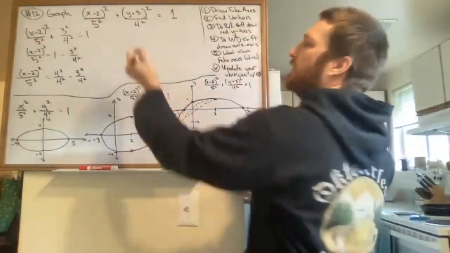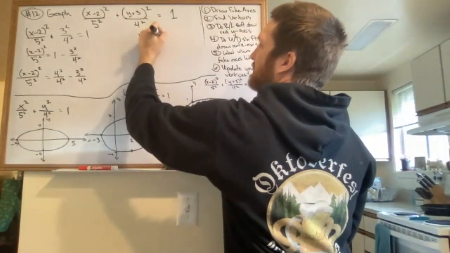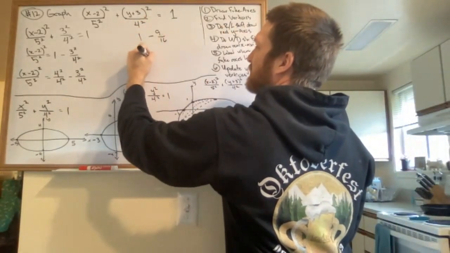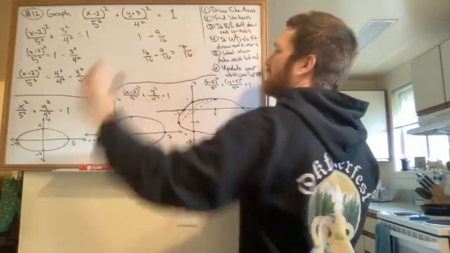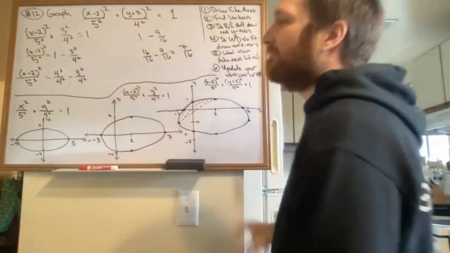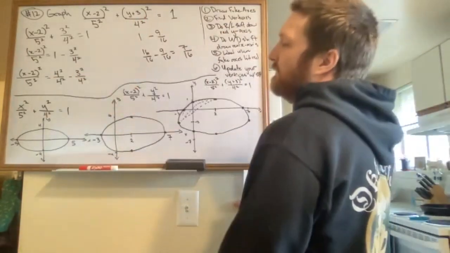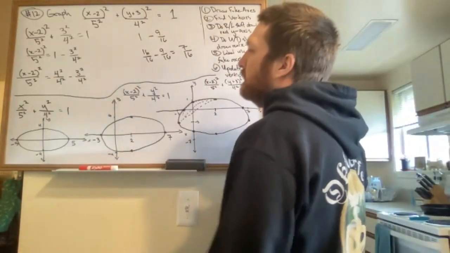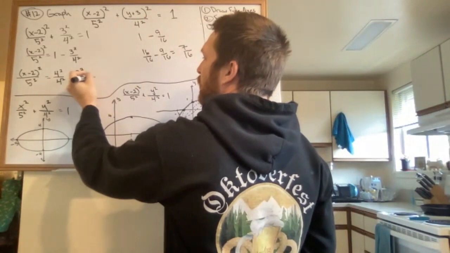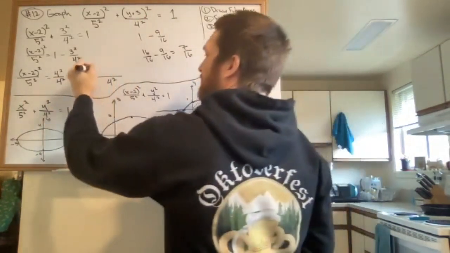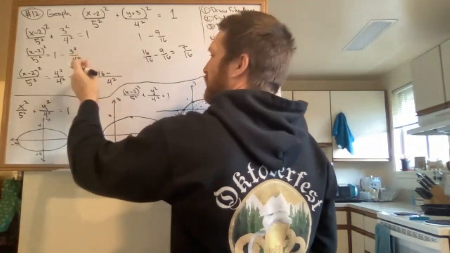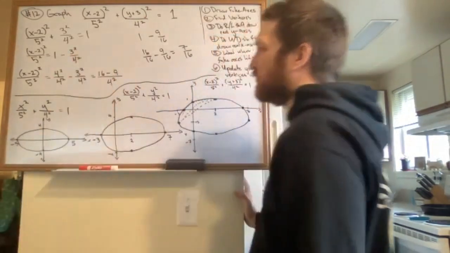If you don't like that, we could have said, well, that's 1 minus 9/16, which is 16 over 16 minus 9/16, which is 7/16. I prefer to keep it with something squared in the denominator. And so we have a common denominator of 4 squared. 4 squared is 16, minus 3 squared is 9, and that's where that comes from.